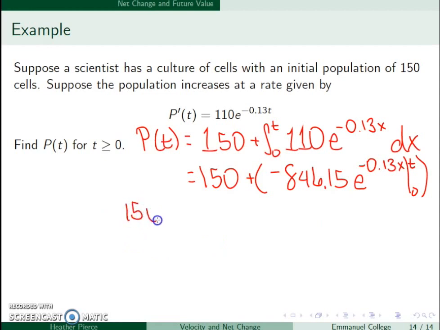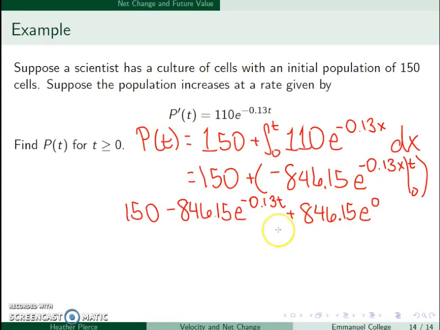So this will be 150 minus 846.15 e to the minus 0.13t plus 846.15 e to the 0.